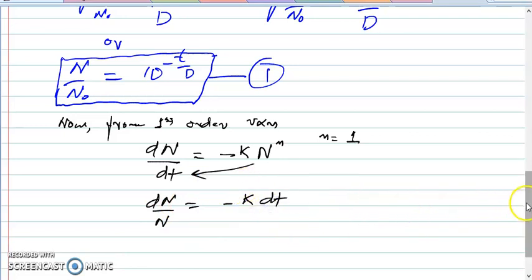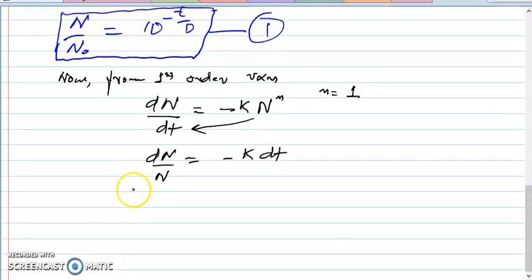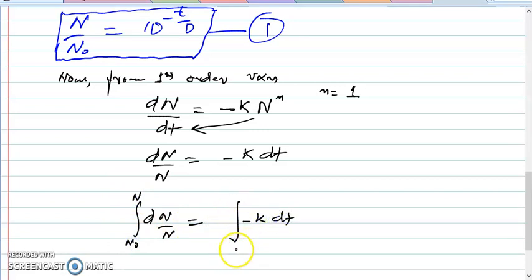We have rearranged the terms so that we can integrate it. So now integrate dN divided by N from N naught, initial population, to final population N, which will be equivalent to the integration of minus k dt from 0 to t.